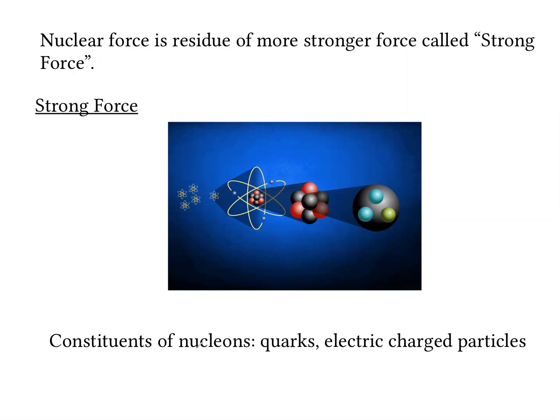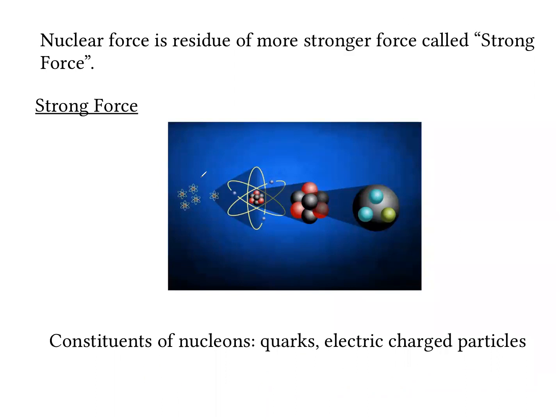The constituents of the nucleons are quarks, which are electrically charged particles. The electron has charge 1e, equal to 1.6 × 10^-19 coulomb in absolute value. The quarks have a fraction of that. Some have 1/3 of that, some have 2/3 of that. We'll come to this point.